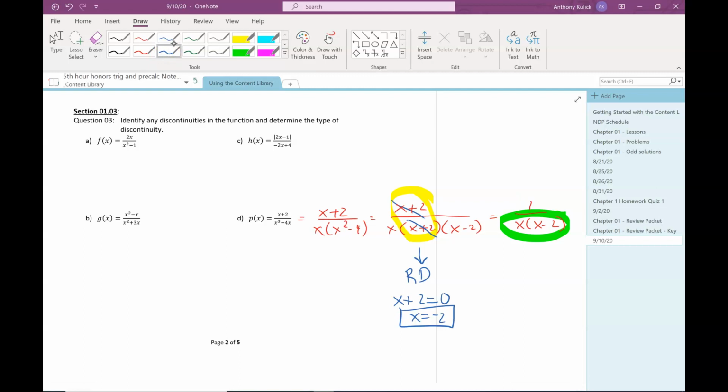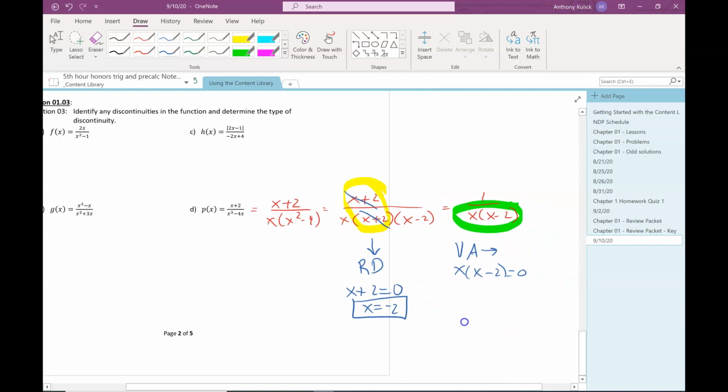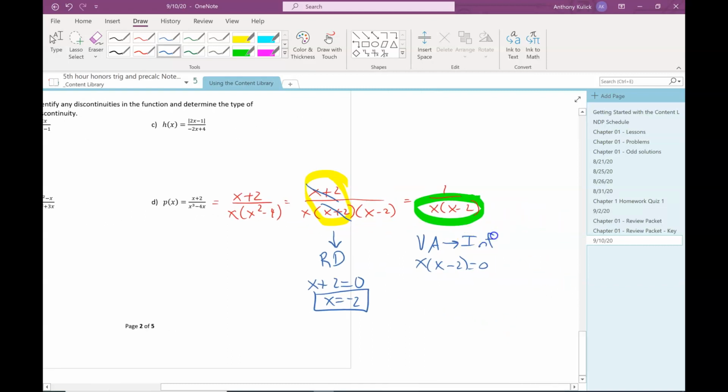The other thing that I remember from last year is that in a rational function, the denominator set equal to 0 gives me vertical asymptotes. And a vertical asymptote is the same as an infinite discontinuity, right? When we described what an infinite discontinuity was, that was really the same thing as a vertical asymptote.